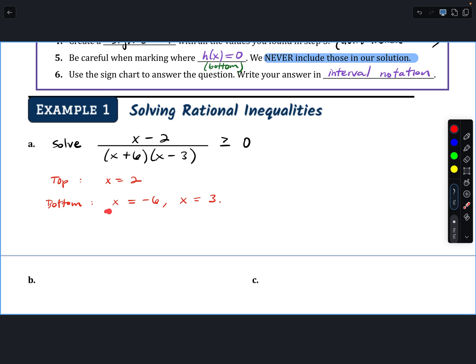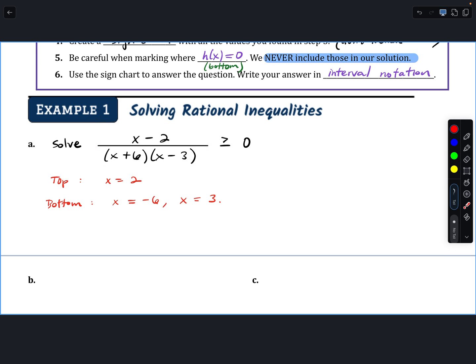Do you guys agree with me that these make the bottom equal 0? But can the bottom actually ever be 0? Can we divide by 0? So do you guys understand what I'm saying? These do make the bottom 0, but they don't make the function actually equal 0, because you can't actually make the bottom 0.